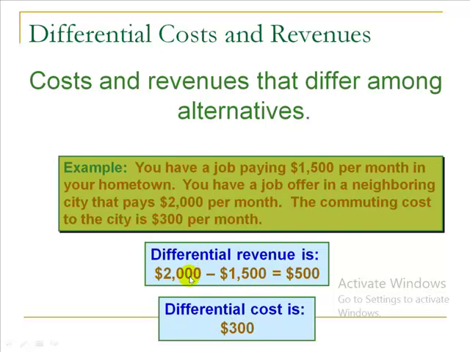The difference in revenue: 2000 is the revenue and 1500 is the revenue you earn at the moment, whereas you have got an offer of 2000. So this 500 is the differential revenue. A difference in revenue between two alternatives is called differential revenue.